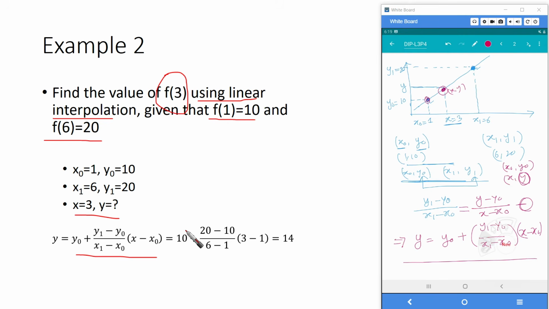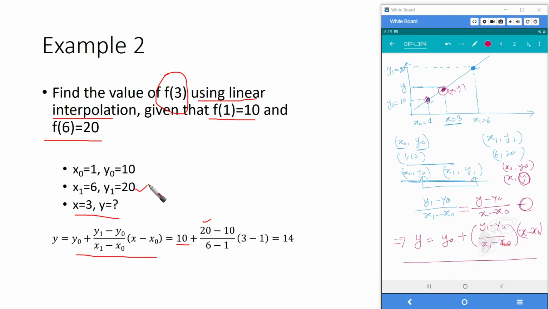We put in the values: y0, the value of the function at the very first point, is 10. Then y1, the value of the function at the second point, is 20.